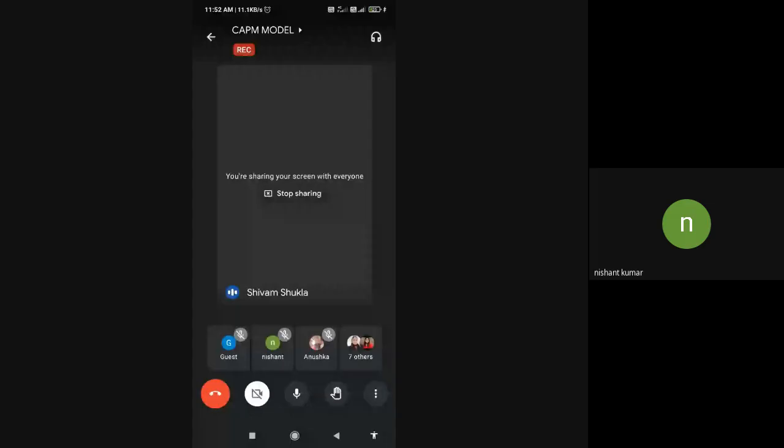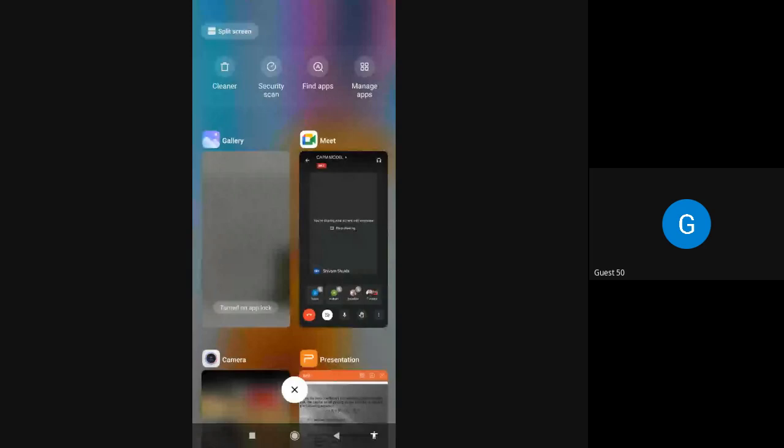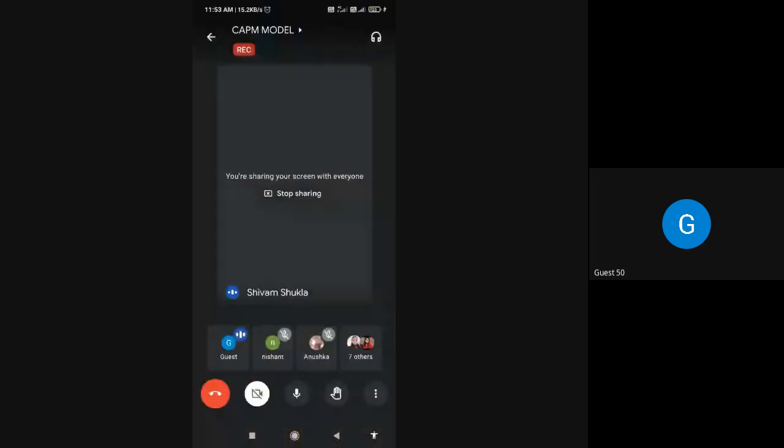I have shared my screen. Yes, Shivam, your screen is visible to me, but your answer is not visible, beta. Just drop your answer in the message box. It's a blank screen.